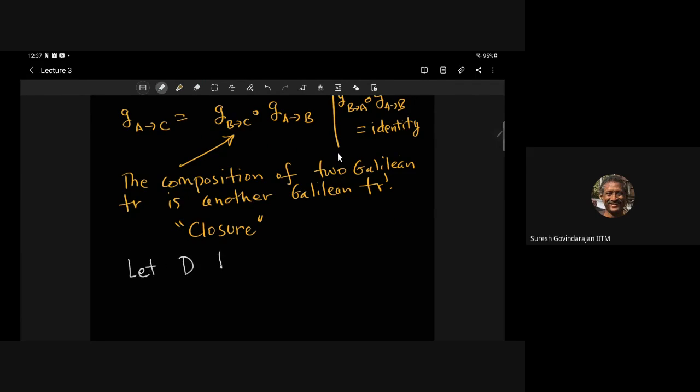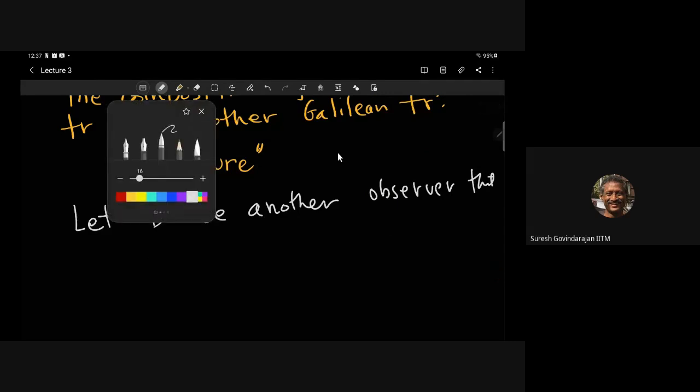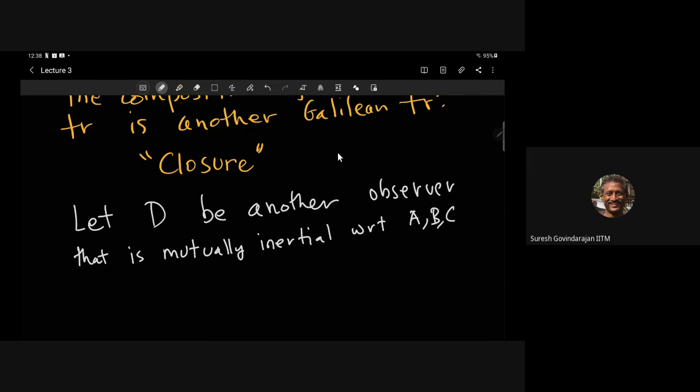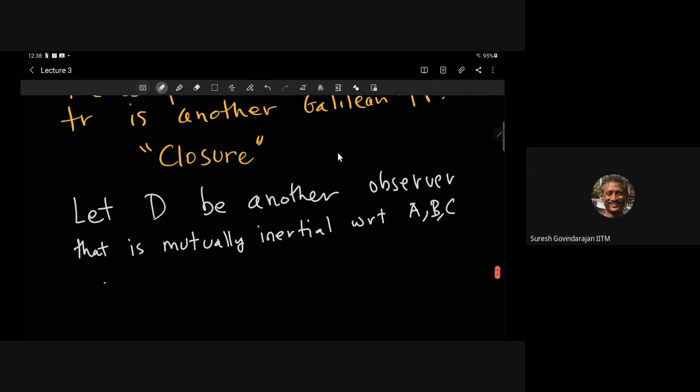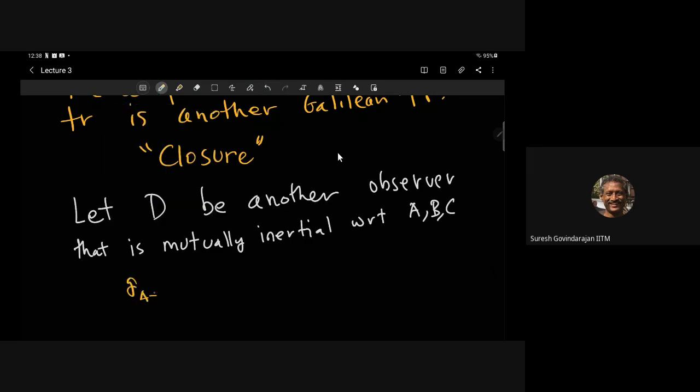Let D be another observer, that is inertial with respect to A, B, and C. Okay, so now I can do things like this. So G A to D I can do.